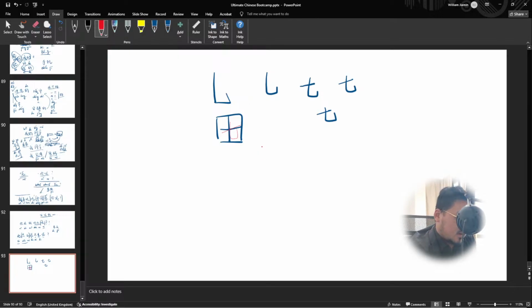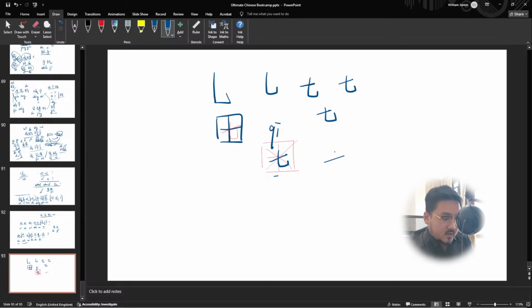Okay, let me just use this as a frame. And 横竖折钩, something like that, right? So 7, 1, 2, 3, 4, 5, 6, 7. That's 7 for you. Okay, means 7. Also, this is just a 独体字, a single component.